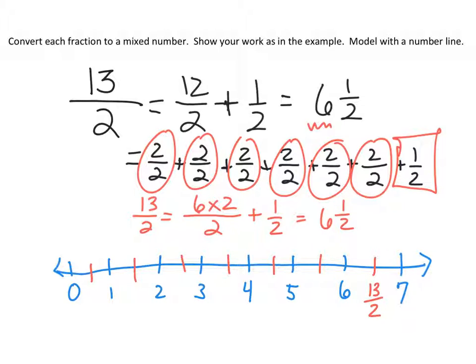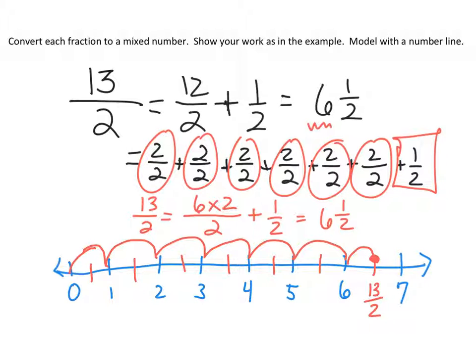So how did we do this? Well, starting with the 0, we went to 1, 2, 3, 4, 5, 6, and then we ended up over at the next half, which is right here.